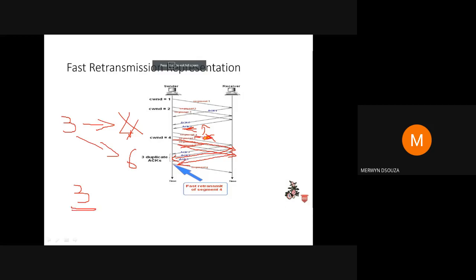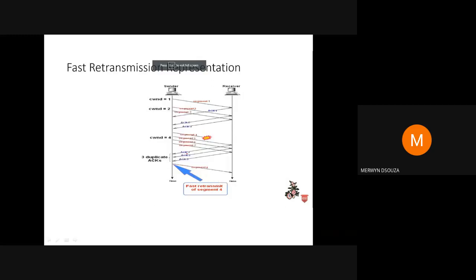That prior acknowledgement is the third acknowledgement. What it means is that segment 4 has been lost, and since it's sent in reply to segment 7, it means that segment 7 has reached the receiver successfully.